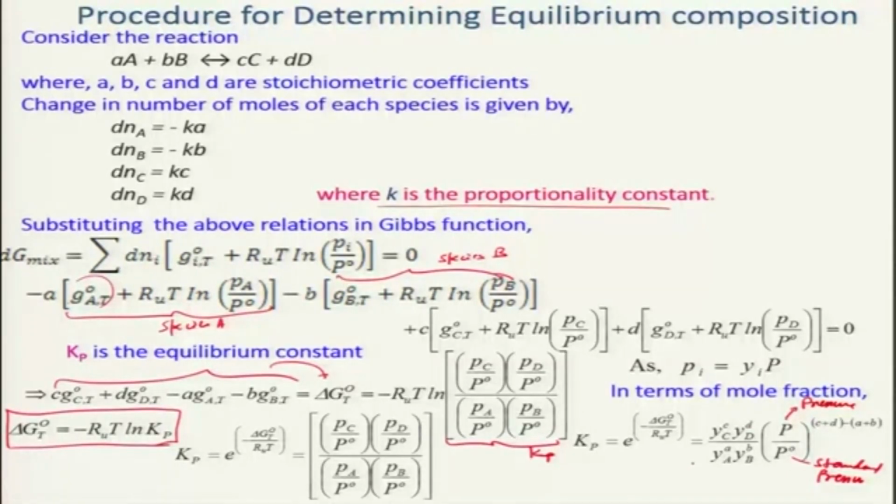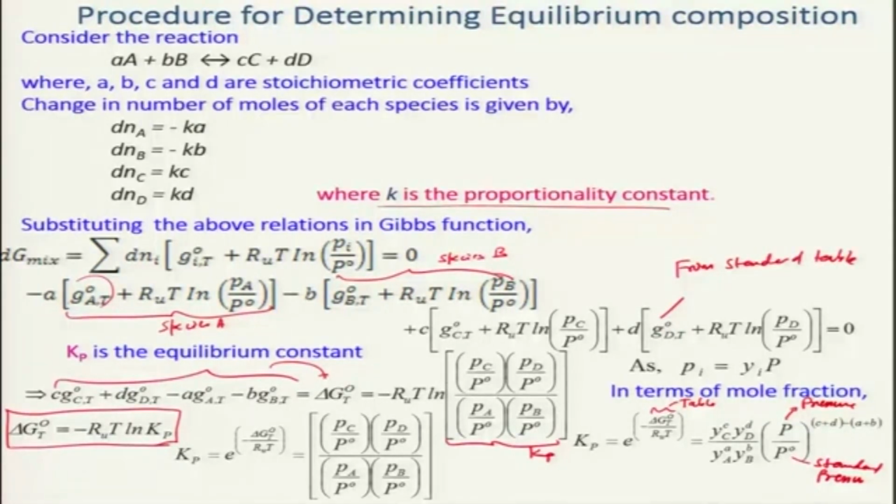So keep in mind that if I know this Kp, I can find the mole fraction of the species, provided I know the temperature. This I can get from the table, the data, basically the standard Gibbs function from the standard table.